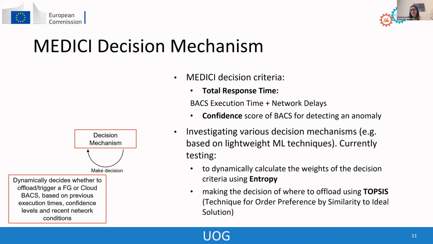So we have been trying different lightweight machine learning mechanisms, and currently we are investigating how we can identify what weight each decision criterion should have in an automated and objective way, and we're using entropy in order to do that. And we're also testing TOPSIS, the Technique for Order Preference by Similarity to Ideal Solution, in order to decide which BACS model should be chosen.